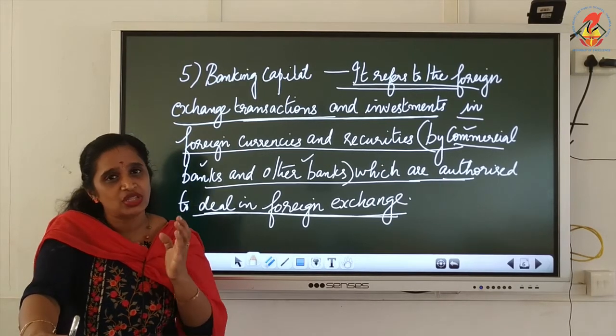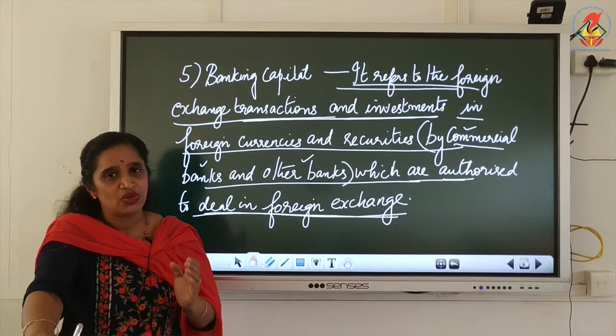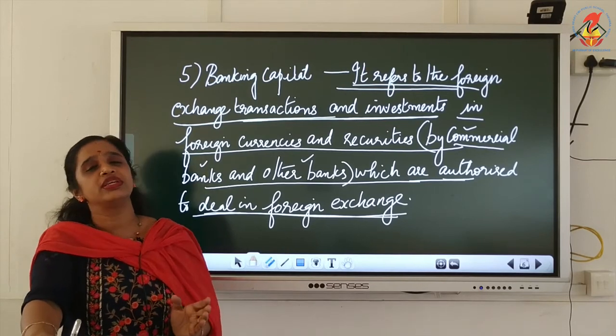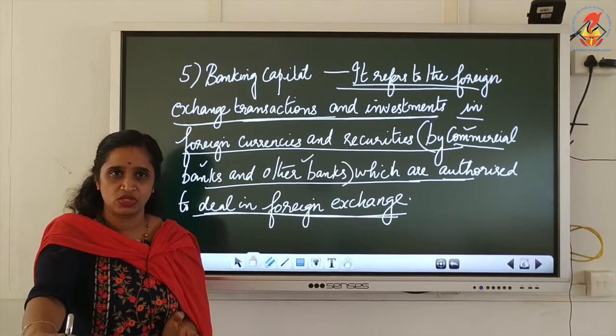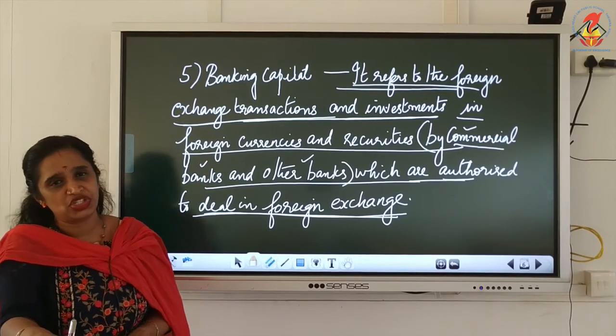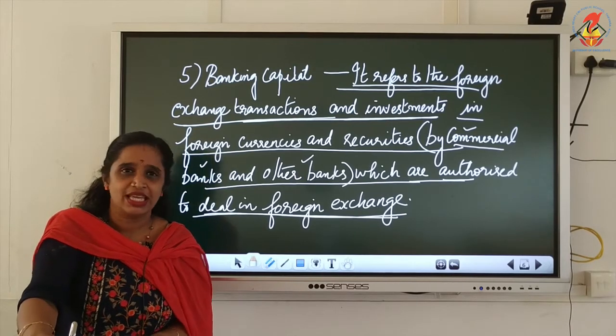They are the authorized dealers, with the right to deal with all these foreign exchange reserves, and they sell and buy. That kind of transaction in which these banks are involved is known as banking capital.